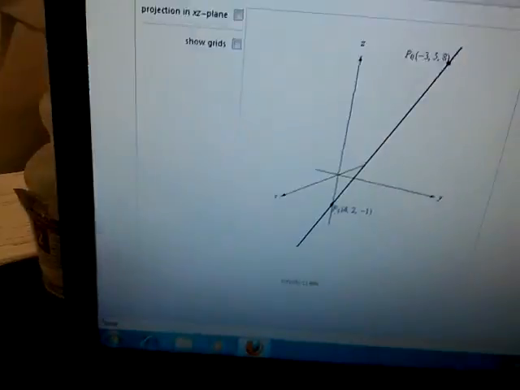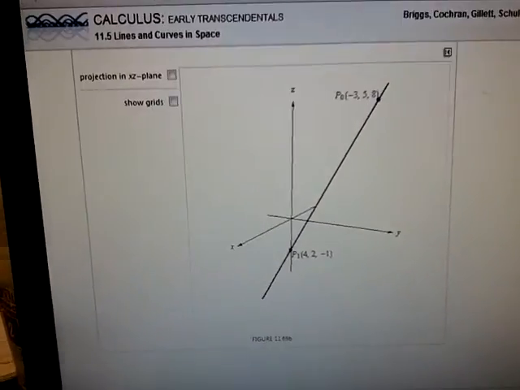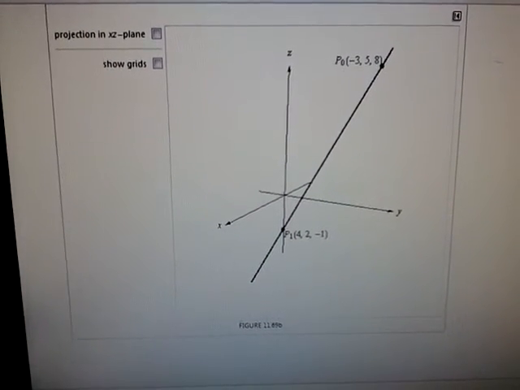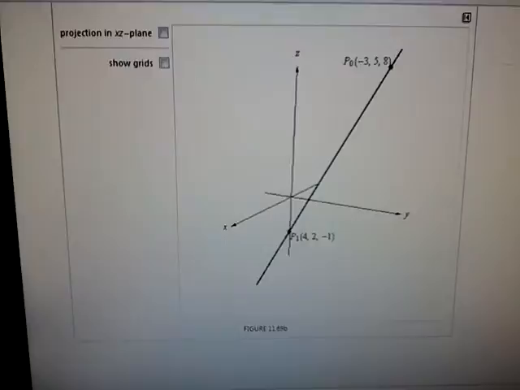Here's what they're looking at. Find the equation of that line there. Okay. Here they are, working away.